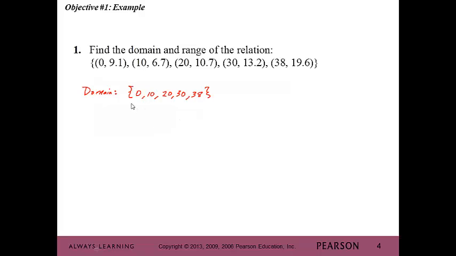The domain is a set of all x values, and the range is a set of all the y values. What do we have here? 9.1, 6.7, 10.7, 13.2, and then 19.6.